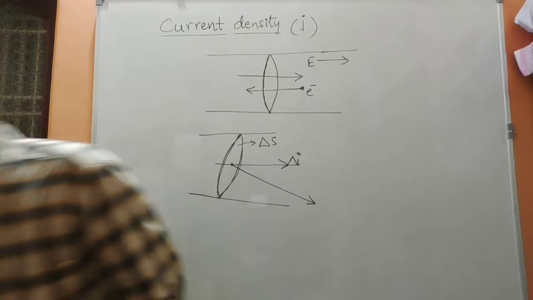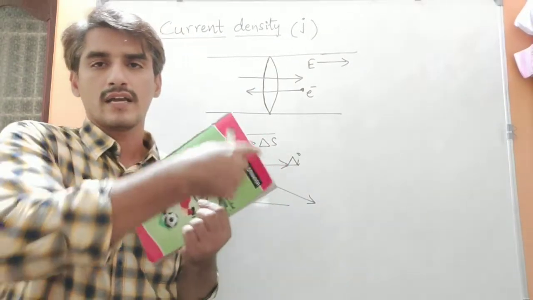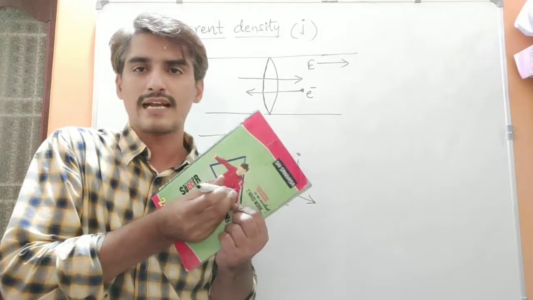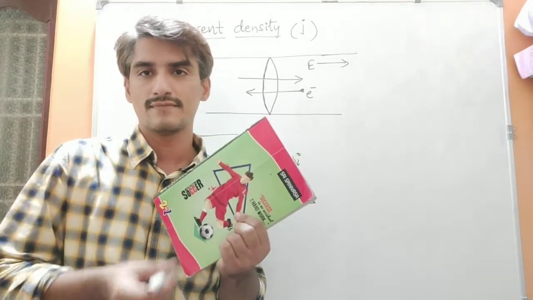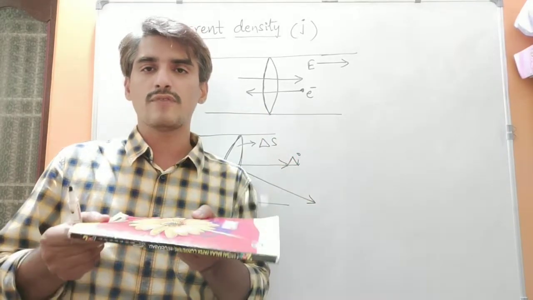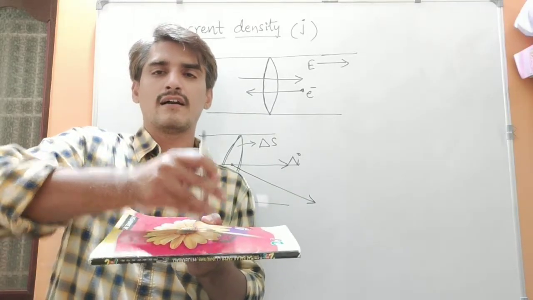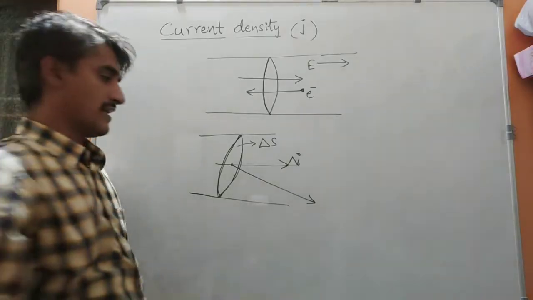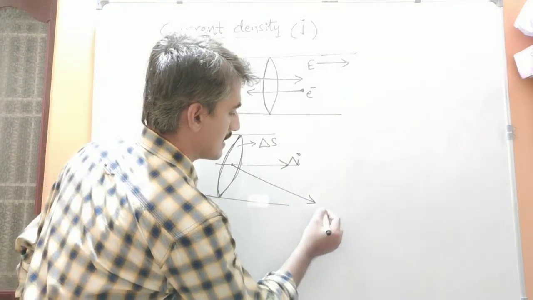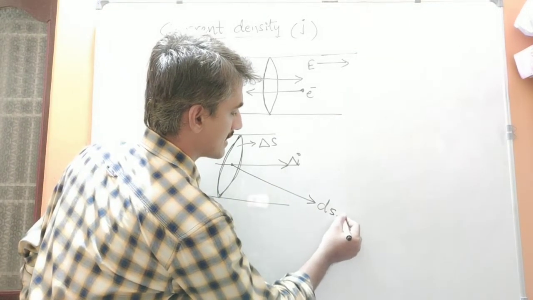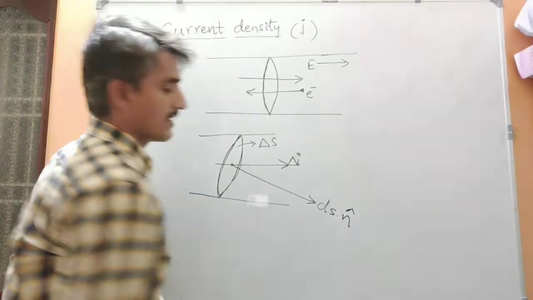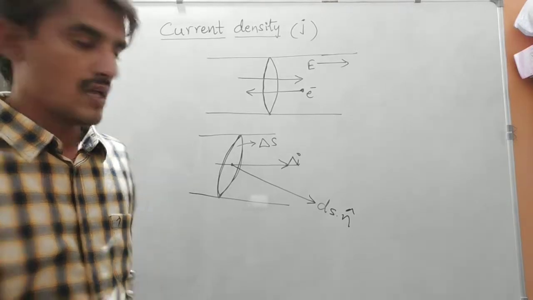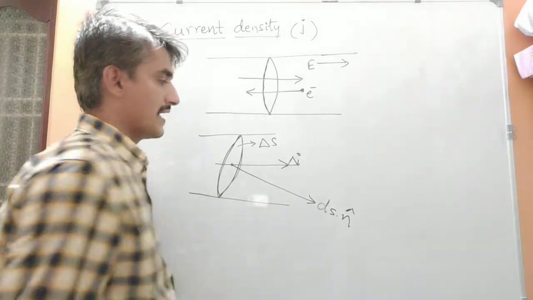For example, if we consider a dS amount of area, then its direction is exactly the outward drawn unit normal, like this. So we can take it as dS times n cap, where n cap is the outward drawn unit normal. This is the area direction.